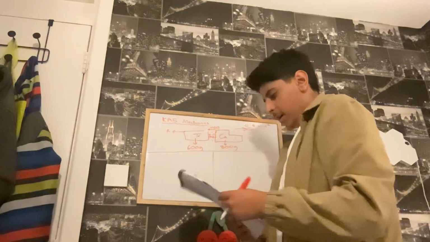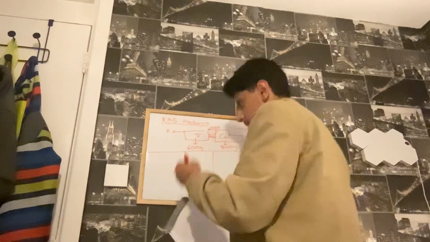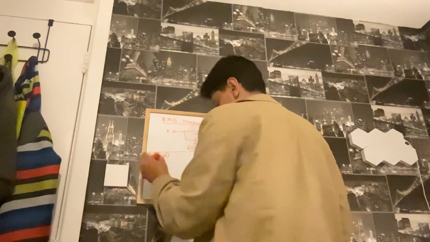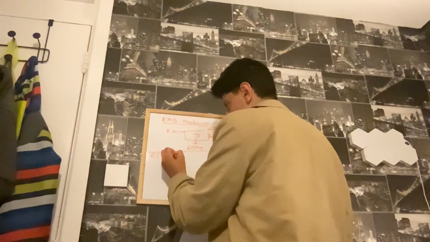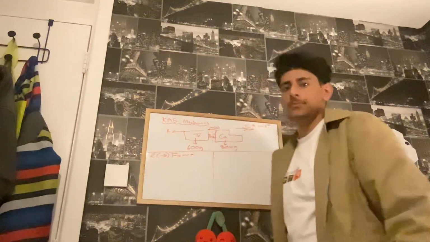Now, there's 2 ways of doing it. First of all, we have to find the resultant force on the car by using force equals mass times acceleration. That's Newton's law.